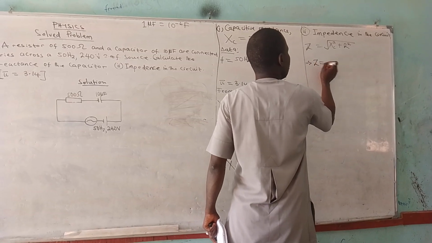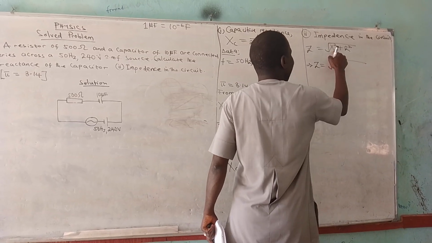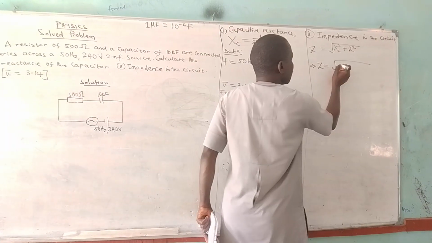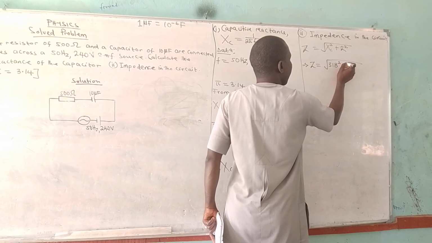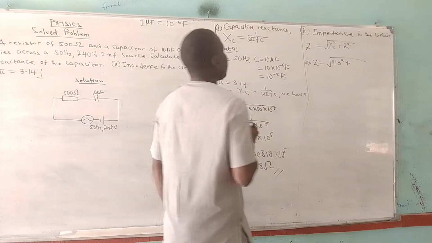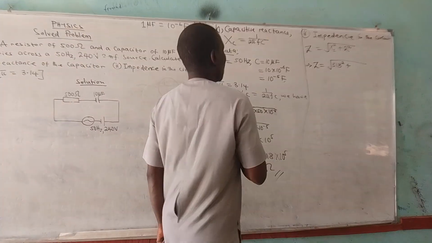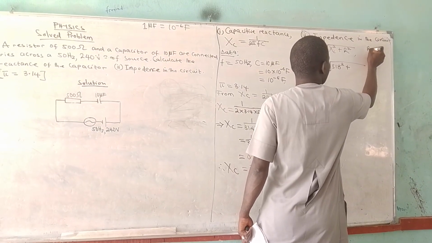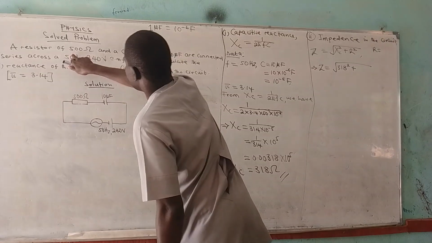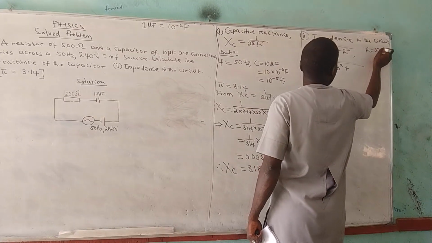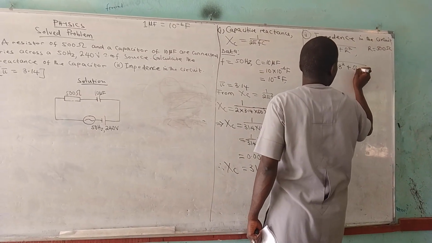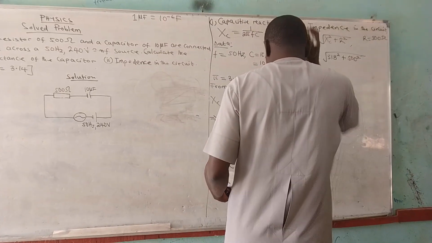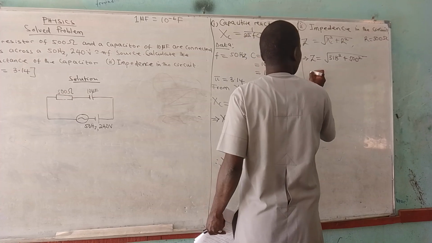So what do you have? This implies that Z is equal to the square root of, what is my Xc? From this, my Xc is 318. So I have 318 square plus, what is my R? The resistor is given, so let me check this one. Our resistor is 500 ohms. So plus 500 square. So what do we have? 318 square is 101124.